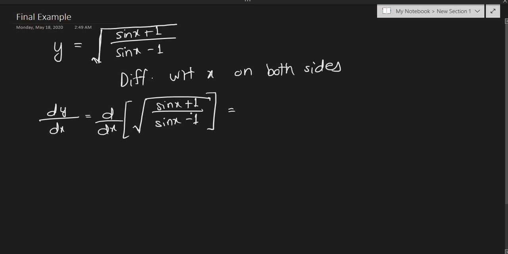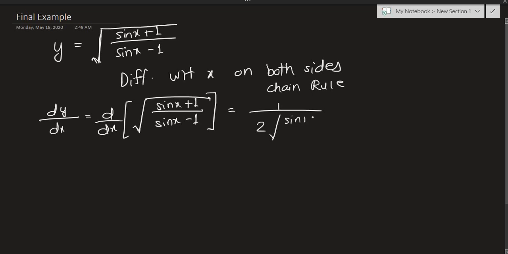So since we have one function, here we have a ratio of two functions. Say we call that ratio one unit function. We have a function inside one function, so chain rule naturally. So differentiating the external function, differentiating the square root will give us 1 divided by 2 times square root of the inside quantity.